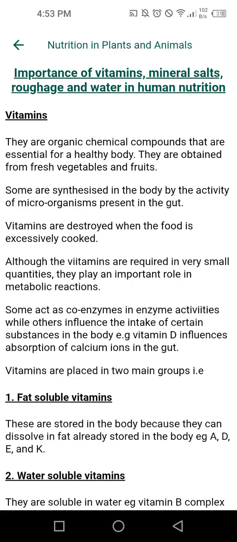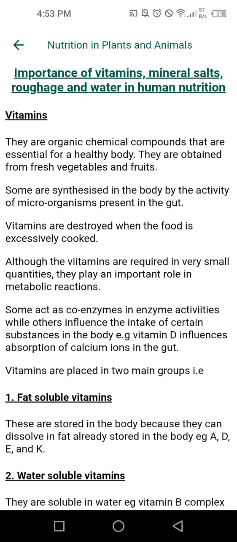Vitamins are organic chemical compounds that are essential for a healthy body. They are obtained from fresh vegetables and fruits. Some are synthesized in the body by microorganisms present in the gut. Vitamins are destroyed when the food is excessively cooked. Although required in very small quantities, they play an important role in metabolic reactions.